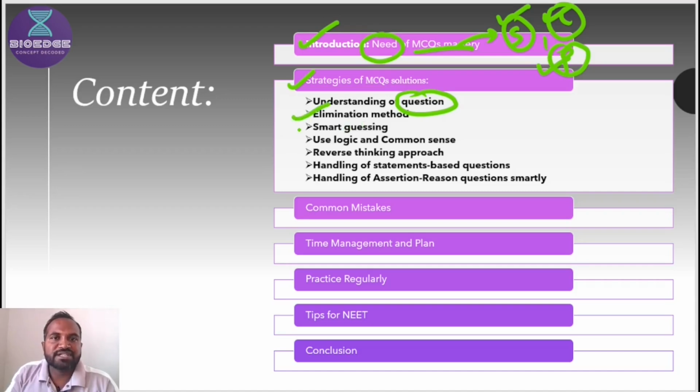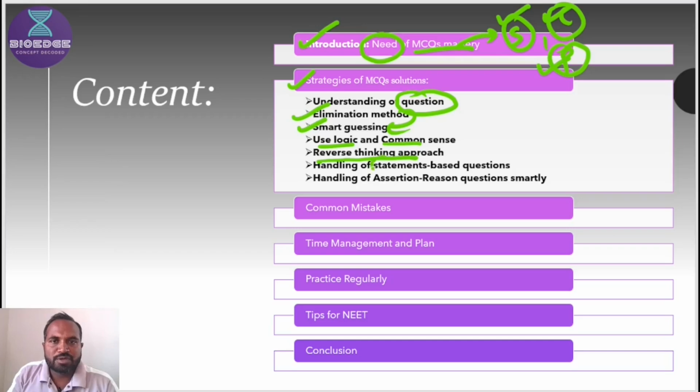Then elimination techniques. These are all known techniques, but I will explain them in a better way that will definitely help you. Then smart guessing: after you apply the elimination technique, there is a need for smart guessing. Then how to use logical thinking and common sense. Then the reverse thinking approach is also discussed here.